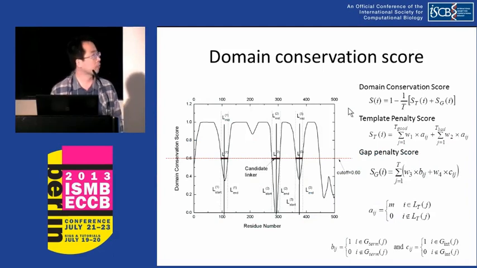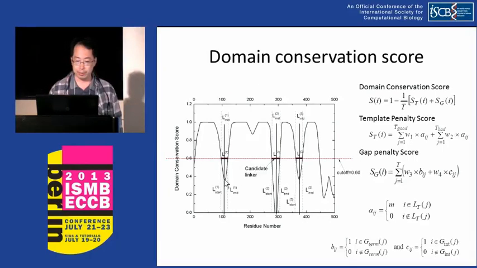Like this, the domain conservation score is here. The two items describe the template penalty score and the gap score. The gap penalty score includes the internal gap score and the terminal gap score. This is a curve of the domain conservation score.